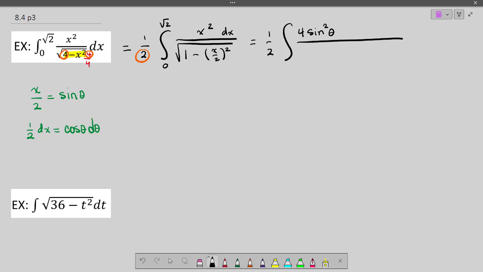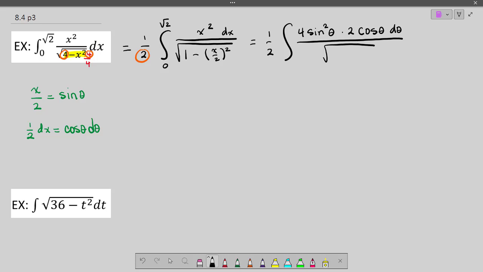Now the dx. If we look at dx from the derivative equation, dx multiplied by 2, we're going to get 2 cosine of theta d theta. And then we go downstairs. Where's the cosine coming from? Oh, yeah. If we isolate dx here, dx is going to be 2 cosine theta d theta.